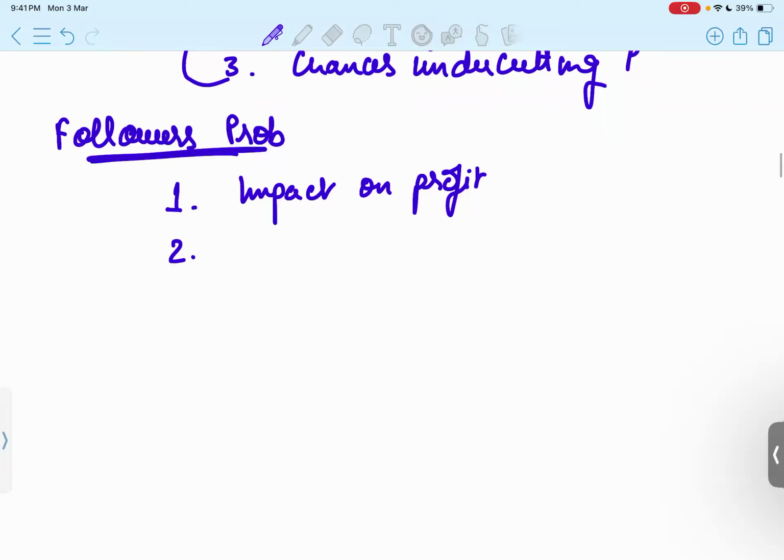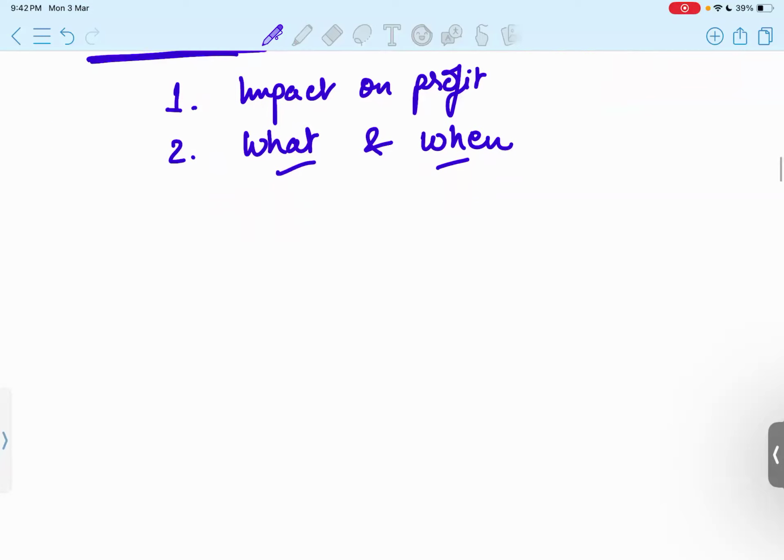And second, what changes would be made by the leader, and at what time? So the what and when elements, when the changes would be made and what changes would be made by the leader, is another concern for the follower. So there is again uncertainty about these two factors.